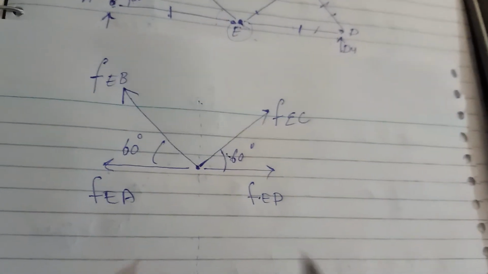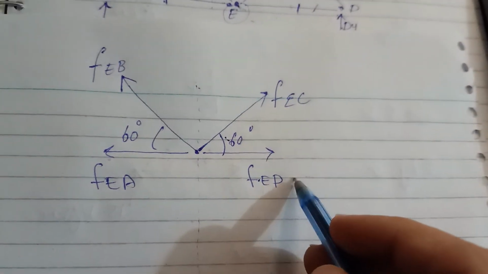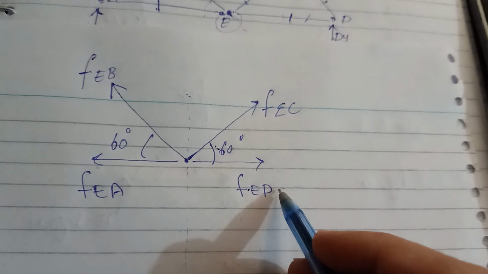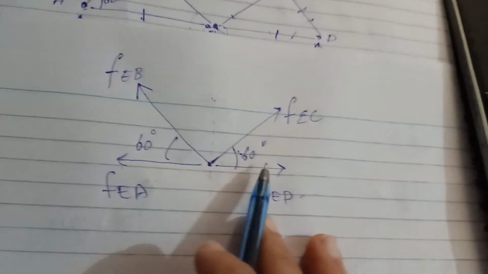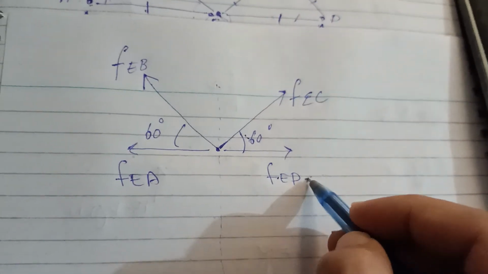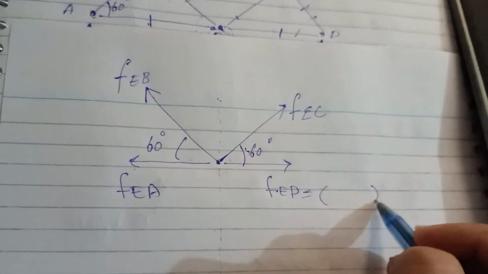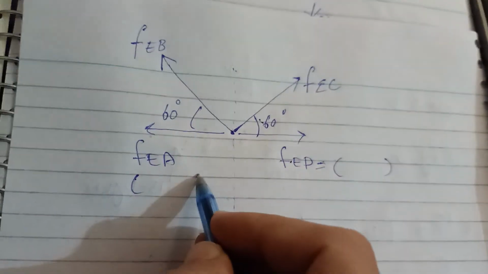Now put the values. Use the signs that you have found. So what are the values? I see again what is the value of FCD and what is the value of FEA.